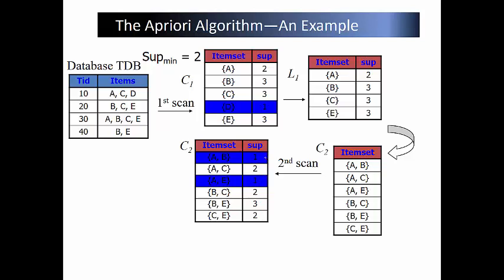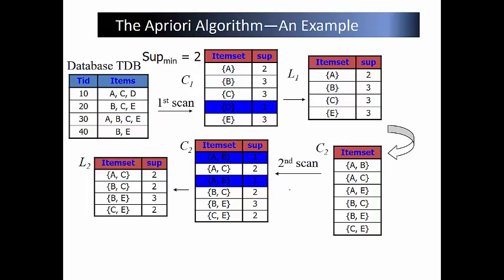So we drop item sets which do not satisfy the minimum support threshold. The minimum support threshold is 2, right? So this needs to be out. Next, we need to have the higher layered frequent item sets.